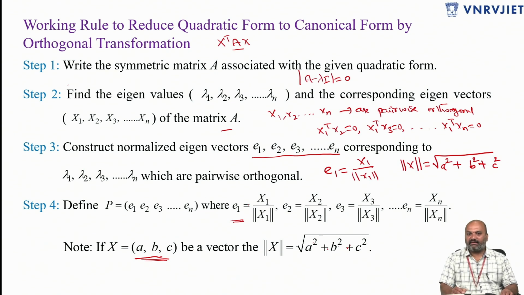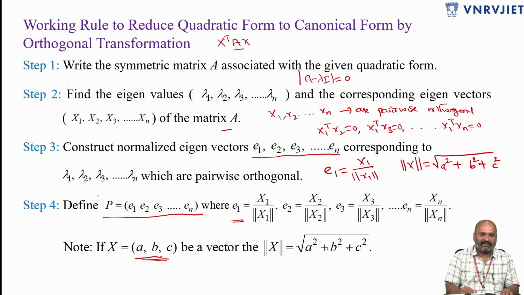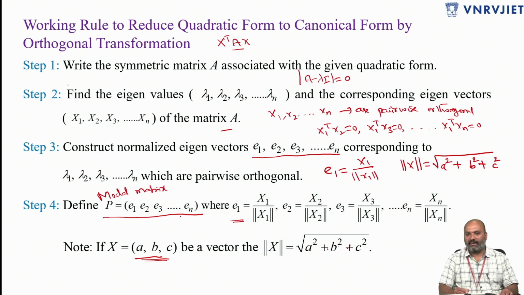After determining these normalized eigenvectors, we have to construct a matrix P, which is called the model matrix. Of course, the order is immaterial. It need not be E1, E2, E3, and so on, En.